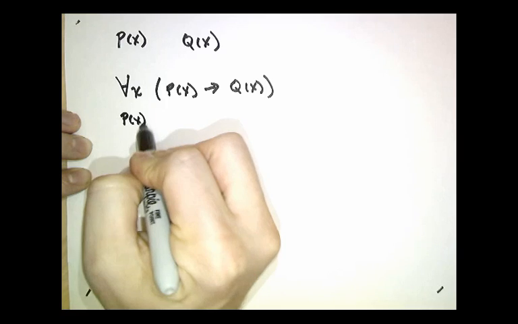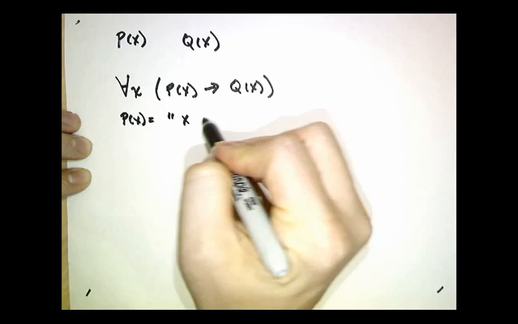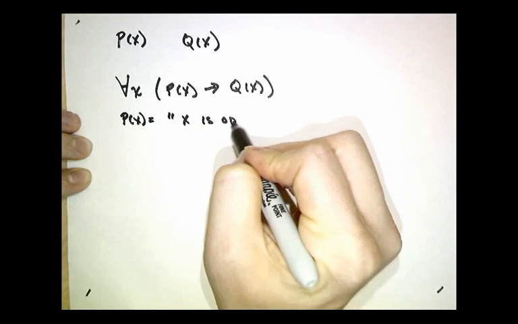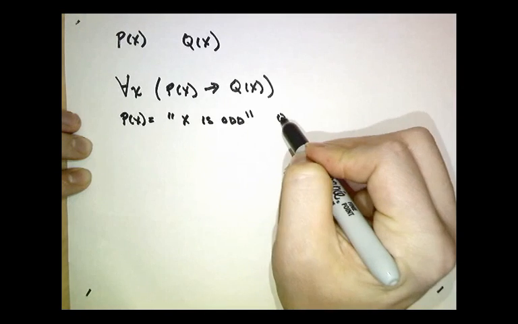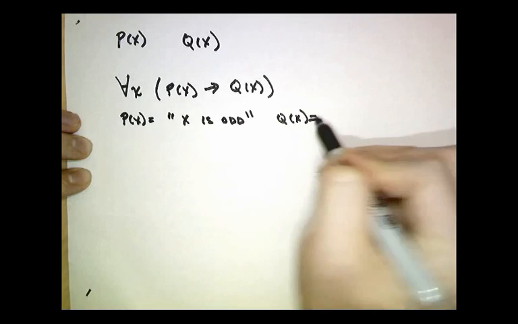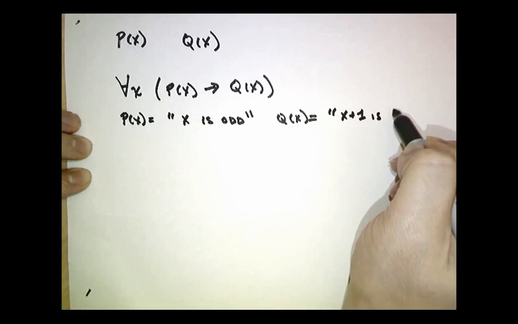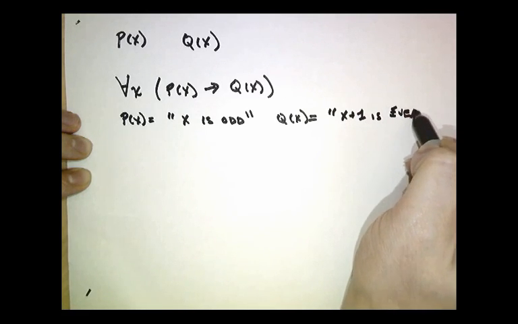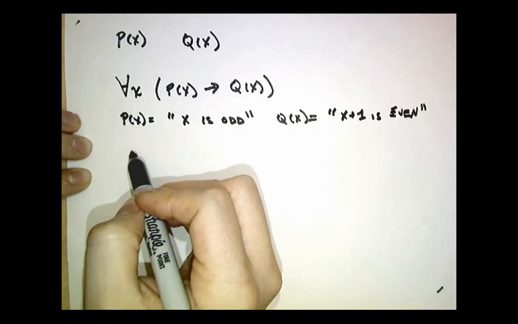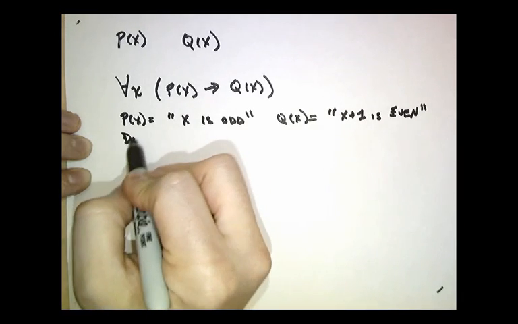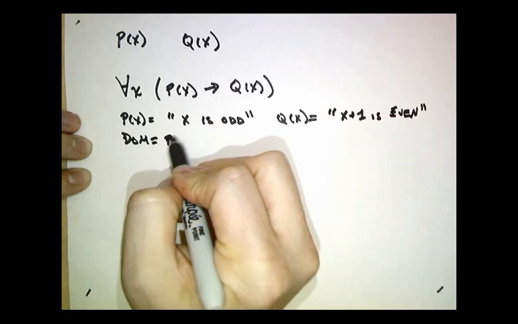For example, let's let p of x be x is odd, and q of x be the predicate x plus 1 is even. Okay, and let's let our domain be positive integers.